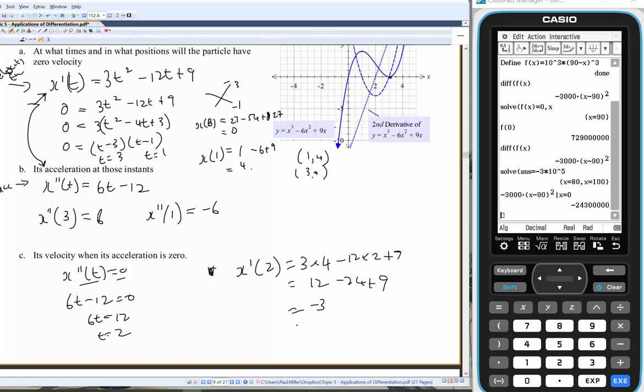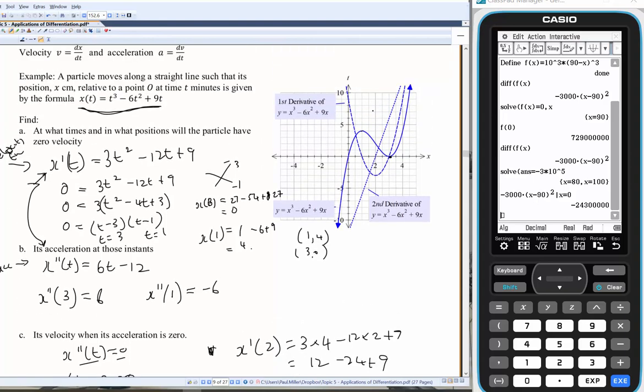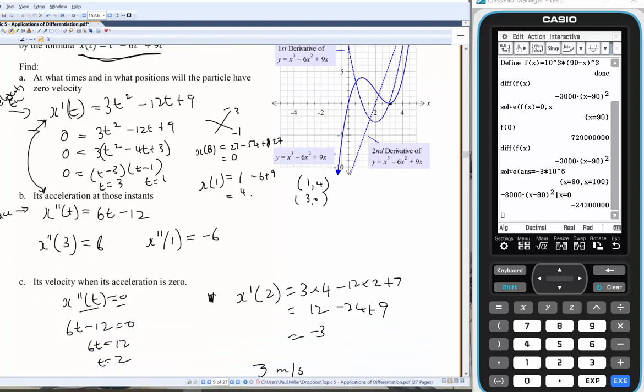So its velocity is going to be negative 3, or 3, what is it, meters per second. Now let's just see whether that's right. So it's got a 0 acceleration. Going down here, velocity looks like it's negative 3 or 3 meters per second.